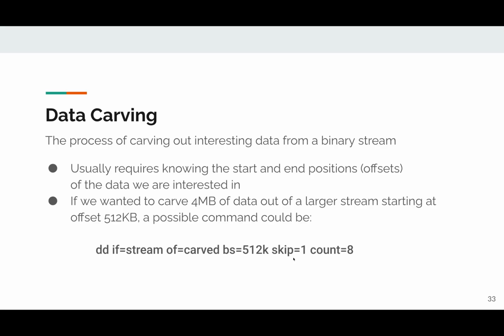Then skip the first 512k, right? That makes sense here. And take 8 chunks worth of 512k each, so 2 chunks is 1 megabyte, so 8 chunks would be 4 megabytes of data, right? Make sure you understand this.